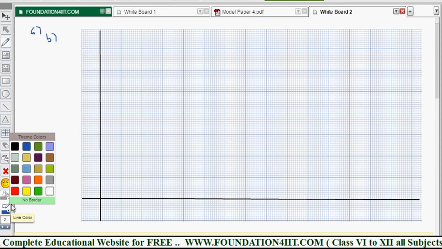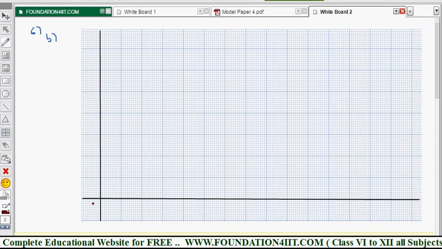Plot the points: 0, 1, 2, 3, 4, 5, 6, 7, 8 and so on. This is the x-axis, and 1 centimeter is 1 unit. Similarly 1, 2, 3, 4, 5, 6, 7 and so on. This is the y-axis.